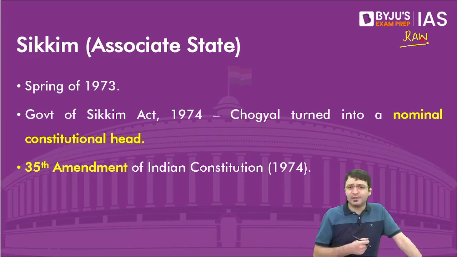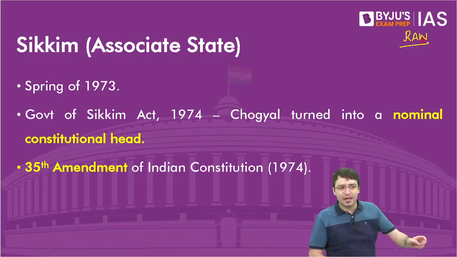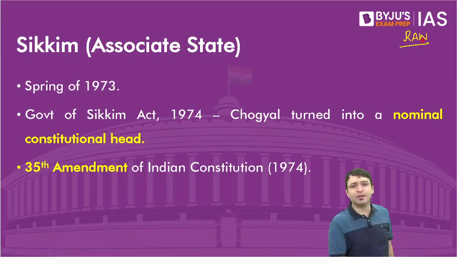The Chogyal relented, and ultimately there were elections in Sikkim. Once the elections were conducted, the results were declared. A pro-India political party known as Sikkimese Congress won the election, and got the majority in the Sikkimese parliament.